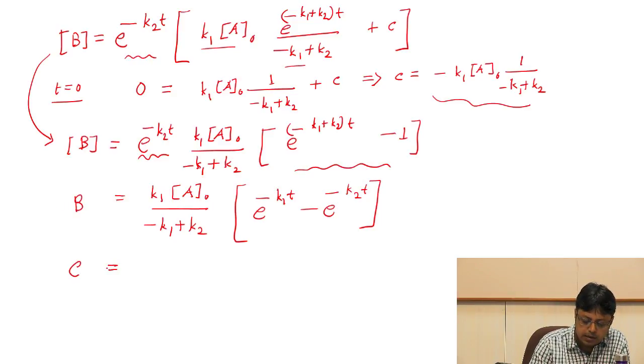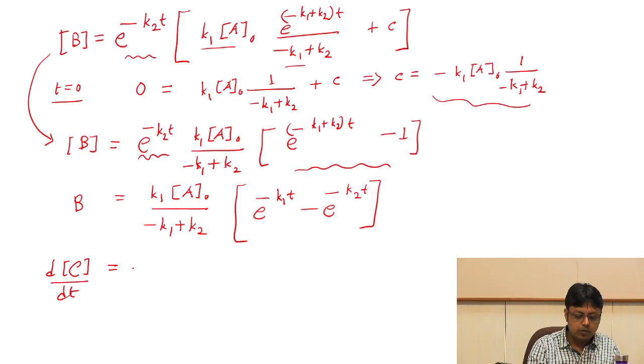And for C, we can actually proceed in a similar way. We can write dC/dt and then write it in terms of B, because you remember that this dC/dt will be nothing but, because C is forming, it is forming at a rate of k2 into B, and instead of B you can write this big expression, but that's a very clumsy way of writing.